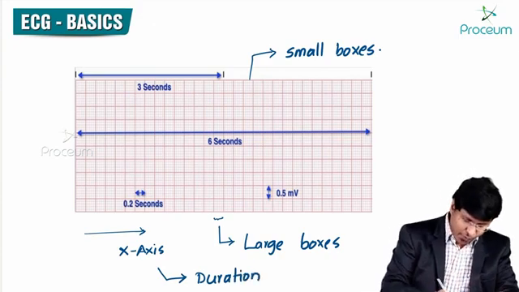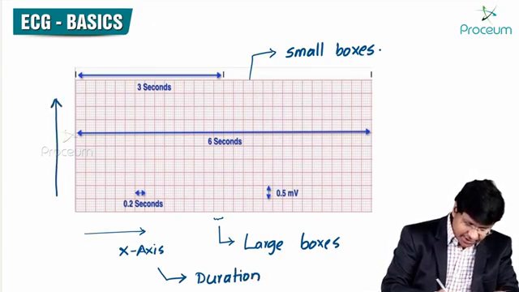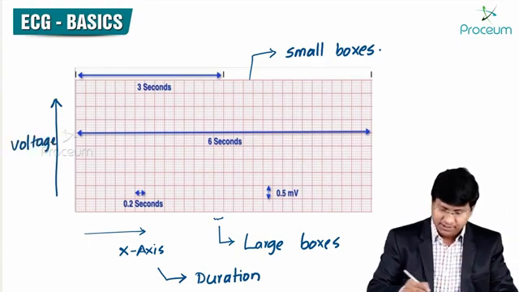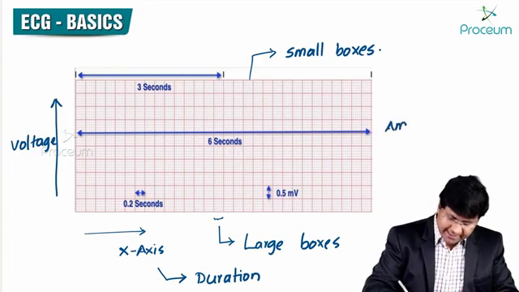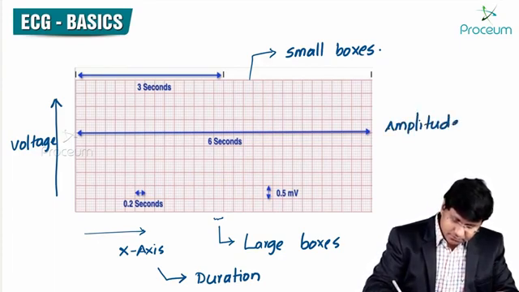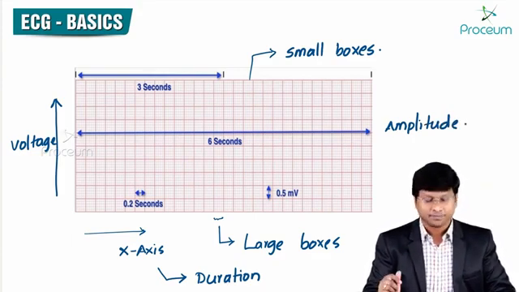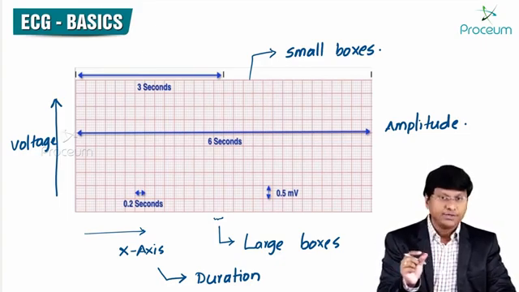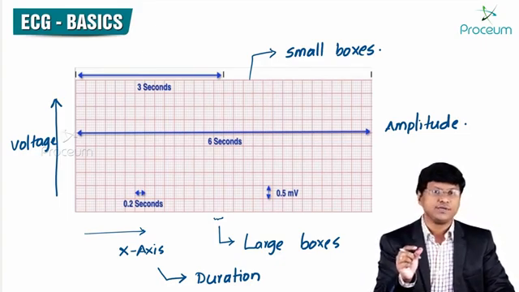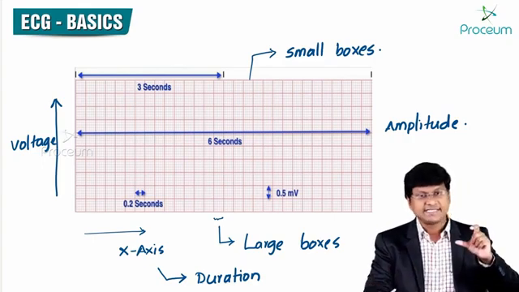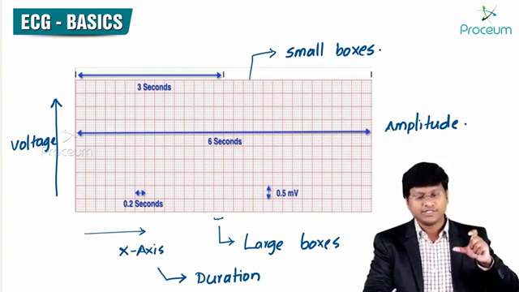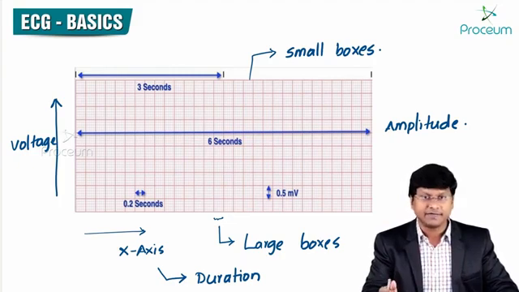The y-axis on the ECG represents the voltage, or we call it amplitude. Now, what is the duration of one small box? What is the duration of one large box? And at the same time, how do we calculate the voltage, that particular amplitude? Let me discuss that now.